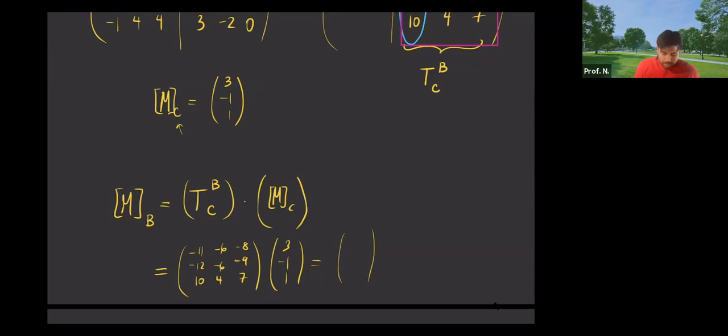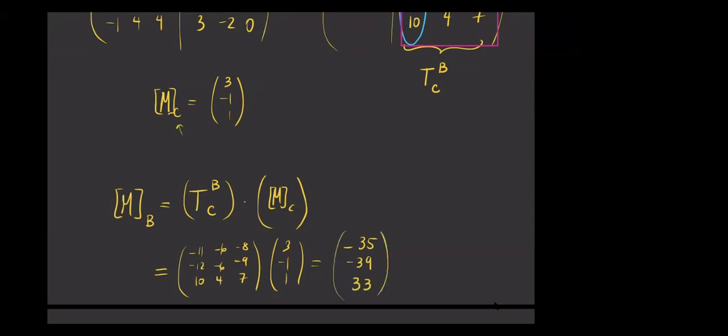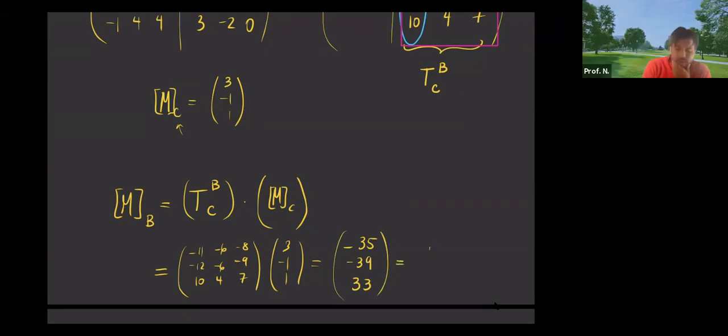When I multiply A with B, I get this column vector: -35, -35, -39, 33. This is the coordinates of M relative to the basis B.